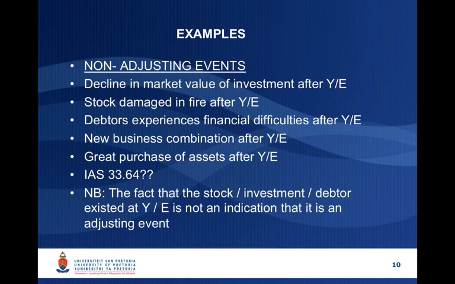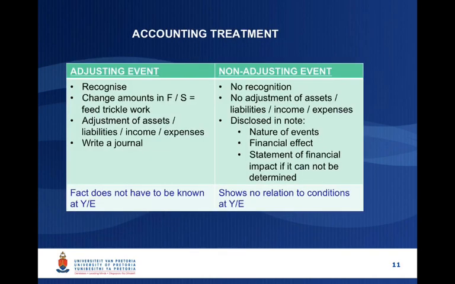And then also non-adjusting events. I told you these are examples of non-adjusting events. And then the accounting treatment for adjusting events. Remember, you recognize it, you change the amount in the financial statements, you adjust assets, and you write a journal. And remember, the facts do not have to be known at year end, but the conditions are known.